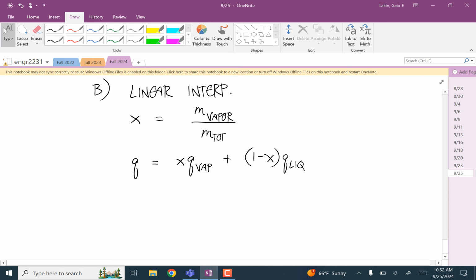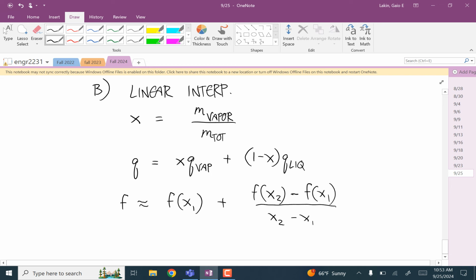And then for linear interpolation, we have F is approximated by F at x1 plus F at x2 minus F at x1 divided by x2 minus x1 times x minus x1.